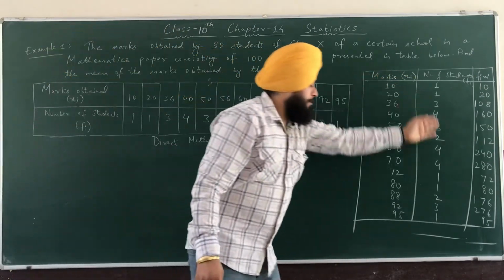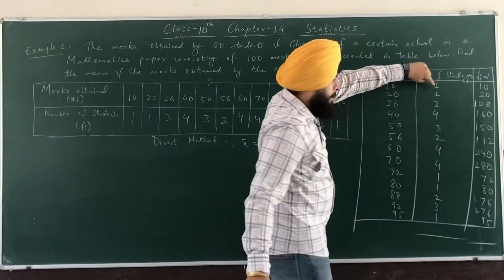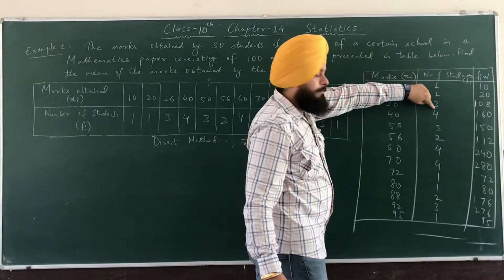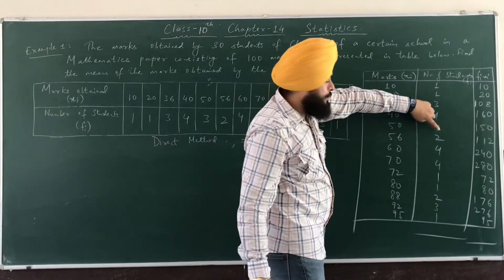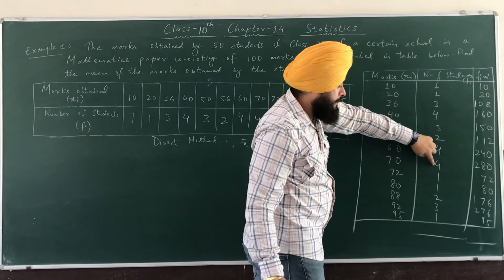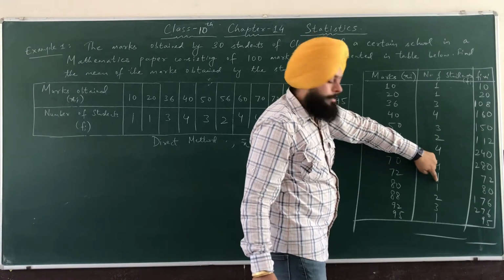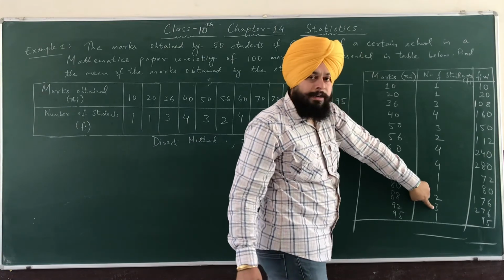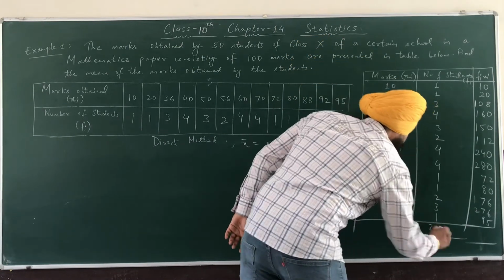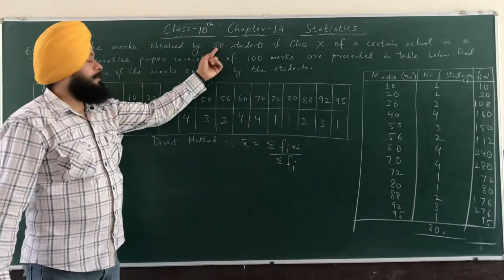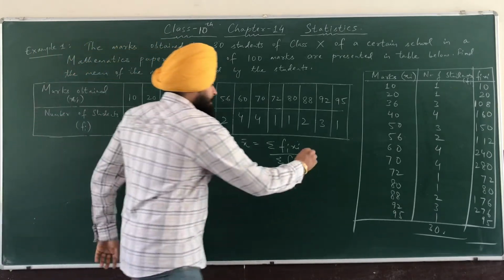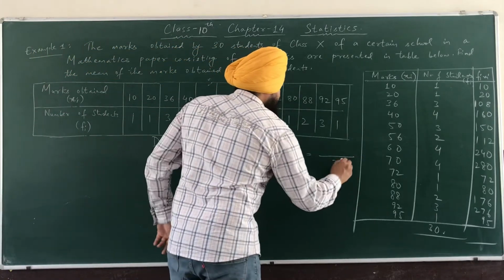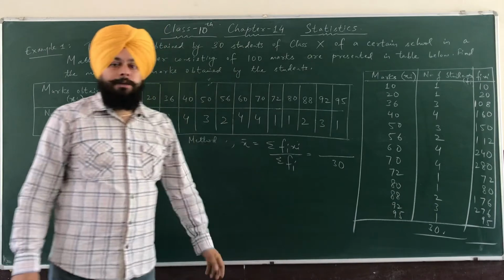So its value is equal to 30. Also you can check: 1 plus 1 is 2, plus 3 is 5, plus 4 is 9, plus 3 is 12, plus 2 is 14, plus 4 is 18, plus 4 is 22, plus 1 is 23, 24, 25, 26, plus 3 is 29, and plus 1 is 30. Clear? It means summation fi is 30.